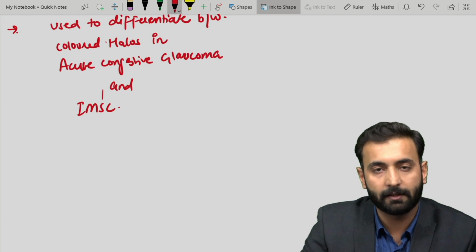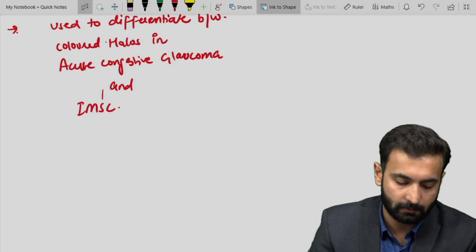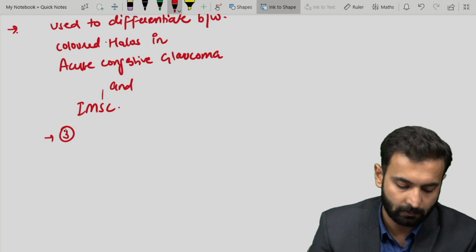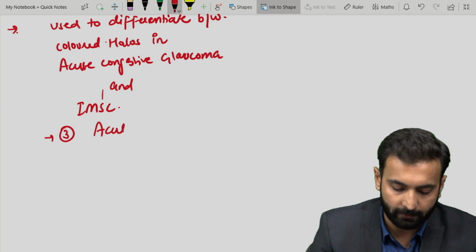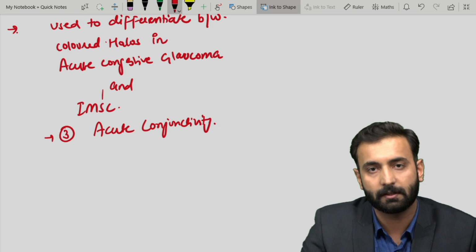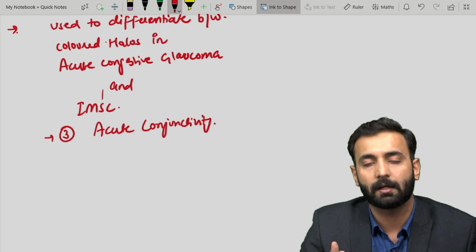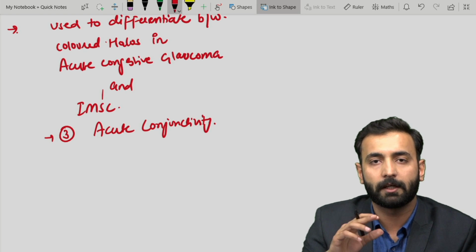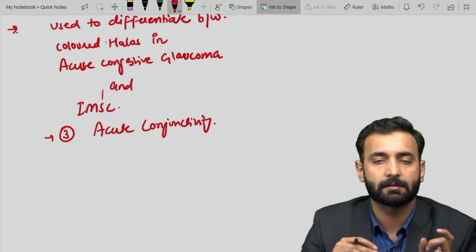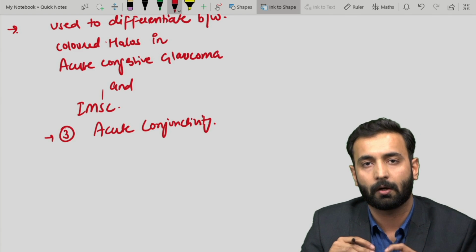What other condition in which colored halos are seen? The third condition is acute conjunctivitis. Because of the presence of discharge, the patient will have colored halos. So you all know what colored halos are. Colored halos are multiple colored circles the patient sees around the light source.